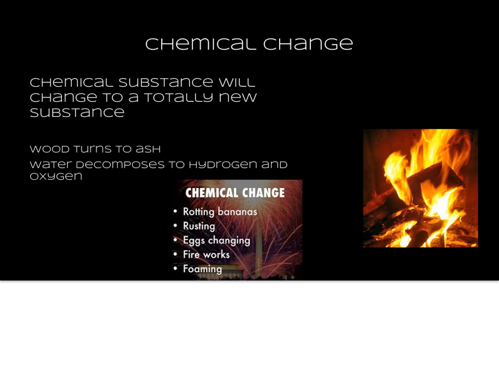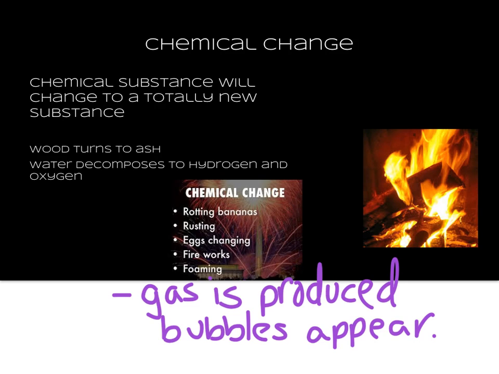Anytime you have a protein that is coagulating, like when an egg is being fried and turns from clear to white, fireworks which are burning in the sky, foaming, and another one that's not written here, anytime a gas is being produced. Sometimes they'll say a gas is being produced or bubbles are appearing. When bubbles appear, it is evident that a chemical reaction has taken place and a new substance, the gas, is being produced.